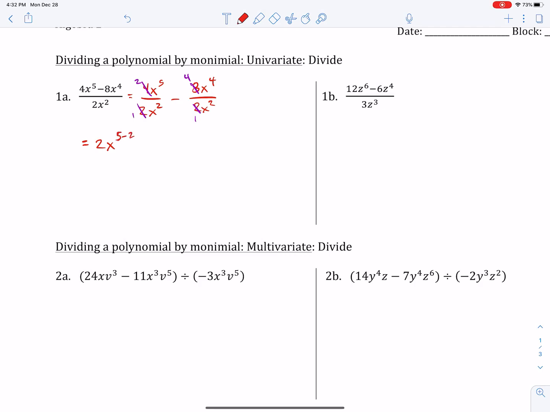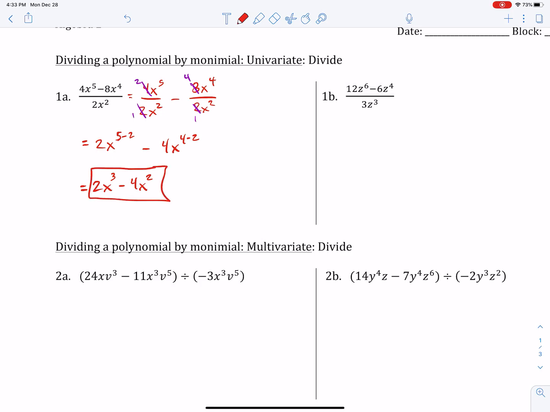Again, I'm utilizing the quotient rule here. Minus 4x to the 4th minus 2. And what that will leave me with is 2x to the 3rd power minus 4x squared. And we'll leave it like that.